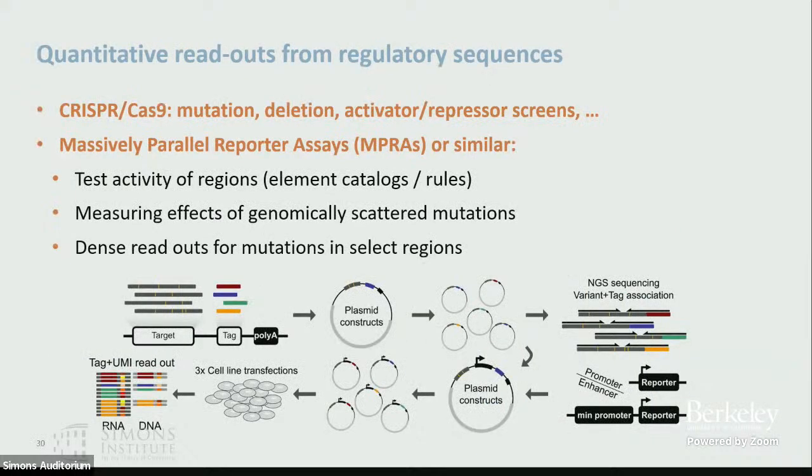And we've been studying them with massively parallel reporter assays. It's similar, in a way, to a luciferase assay, where you have some reporter gene and you're putting the element of interest with a minimal promoter in this reporter gene, and you're reading out the activity of this element or the change of activity depending on which element you put in there.